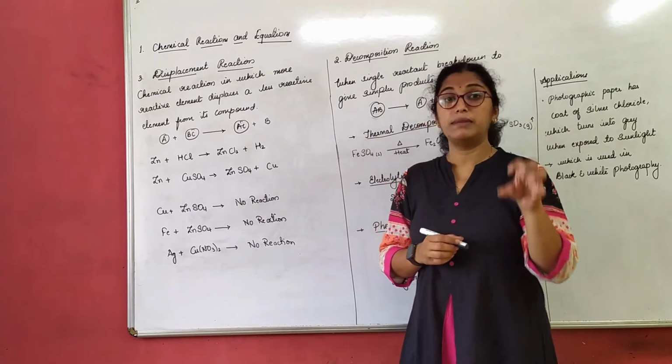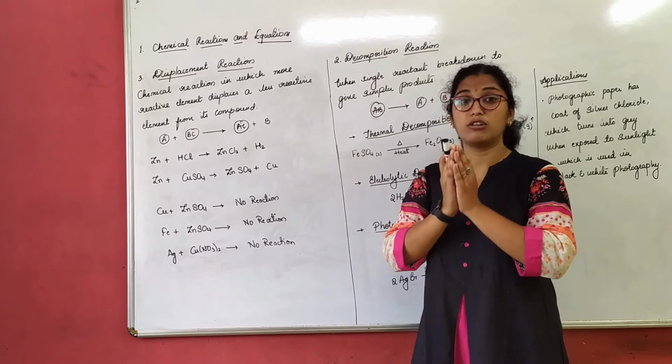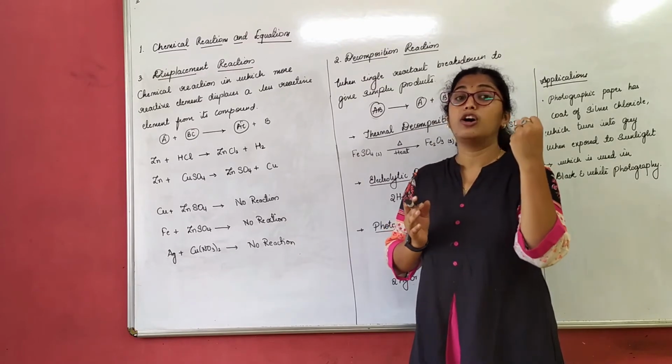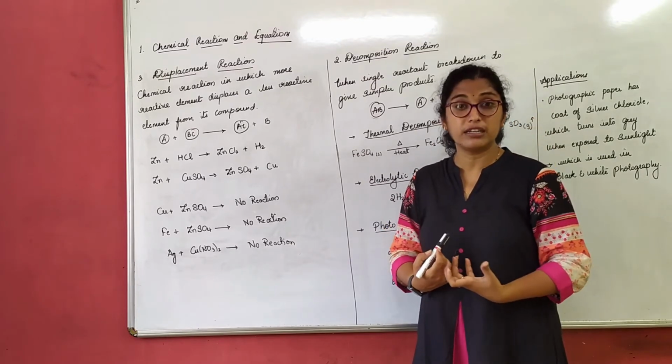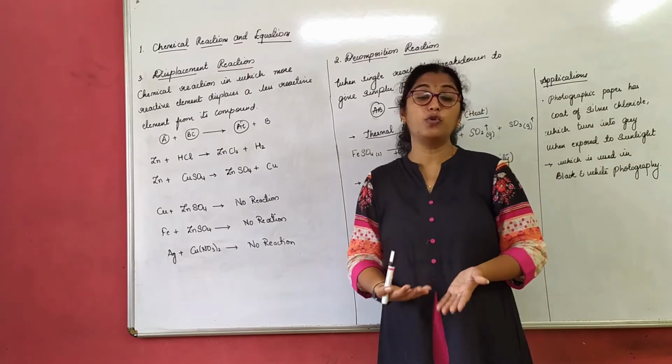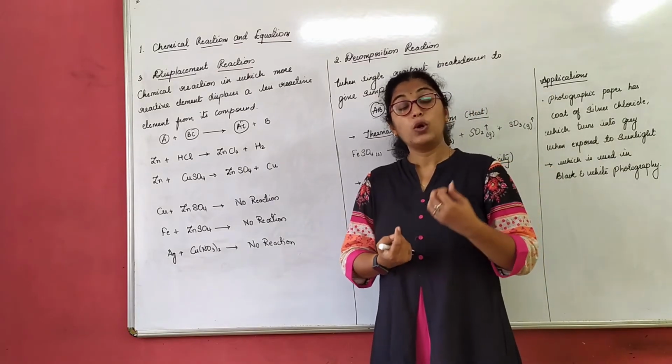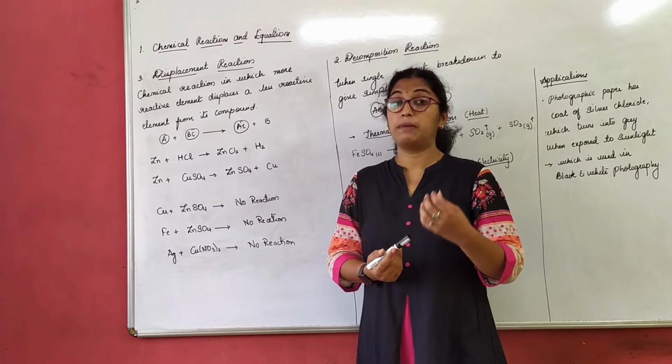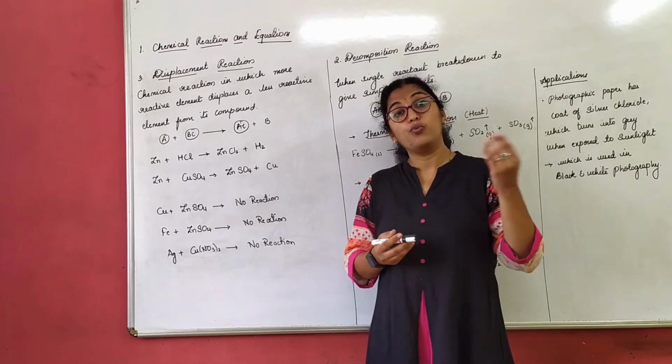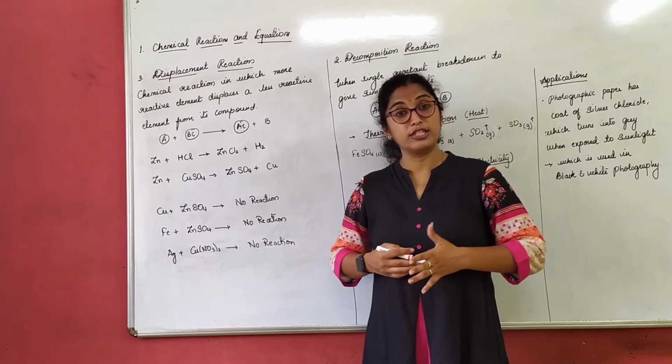A stronger metal, or a stronger element, always replaces a weaker one. Now, how do you know which is stronger and which is not? We understand that by the reactivity series when we study the metals and non-metals chapter.